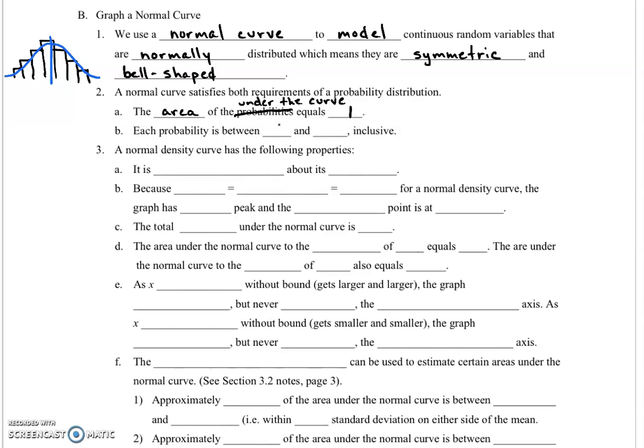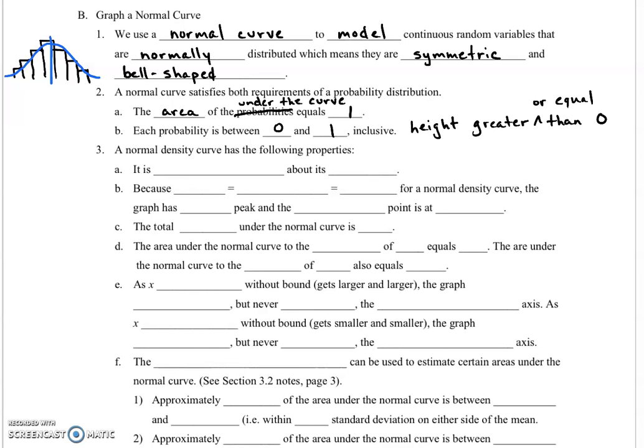And each probability is between 0 and 1 inclusive. Or, if we look at the height of the curve, the height is greater than or equal to 0.